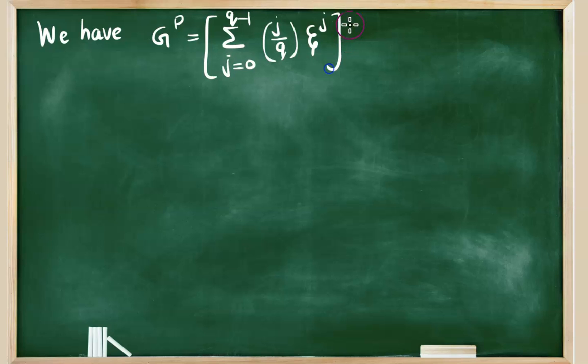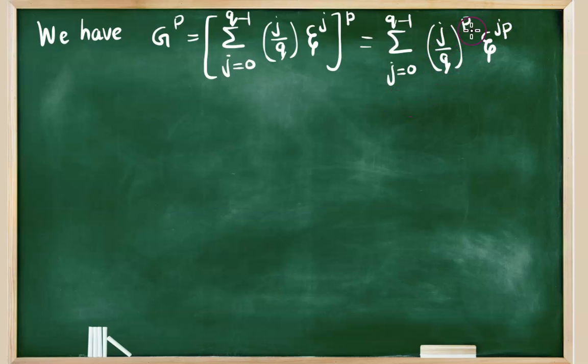This whole raised to p will give us g raised to p. And since (a plus b) whole raised to p, that is, the pth power of a sum, is equal to the sum of pth powers, we can express this sum as summation j varying from 0 to q minus 1, (j by q) raised to p into theta raised to jp.